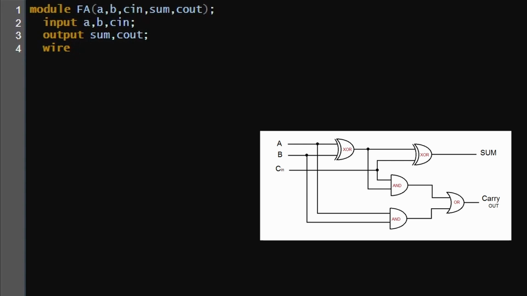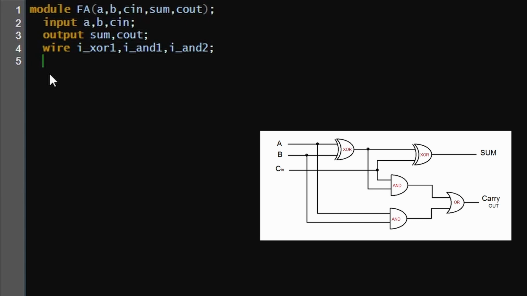There will be many intermediate connections, like the output of the XOR and the outputs of the two AND gates, which will finally be ORed to get the final c_out. So we will write wire i_xor1, i_and1, i_and2. These will be our three wires, which are just intermediate results.